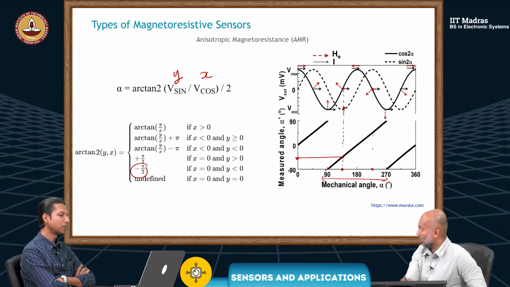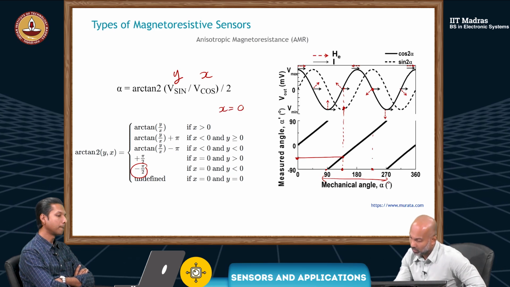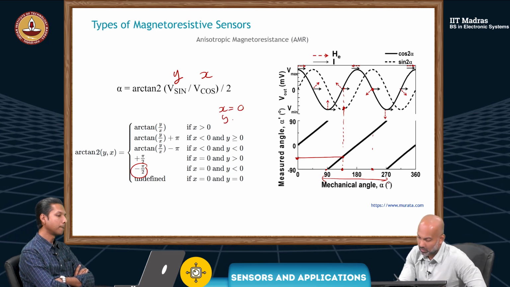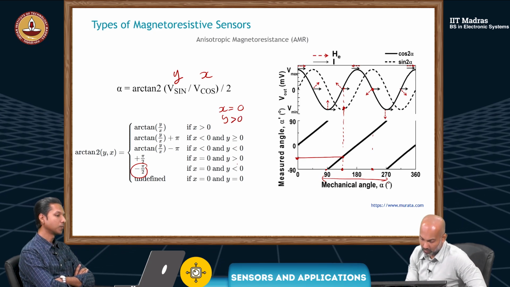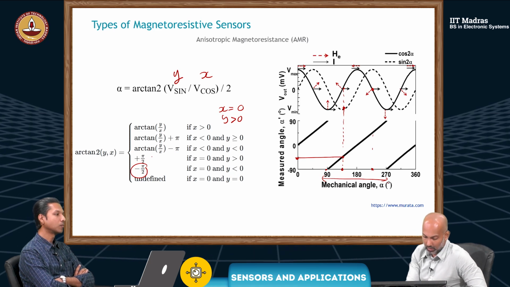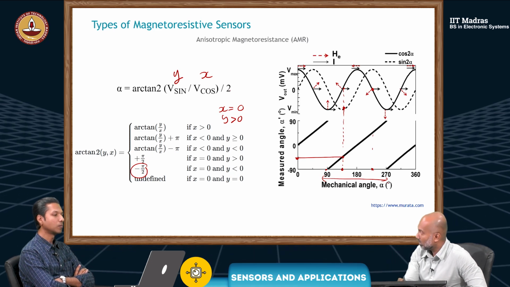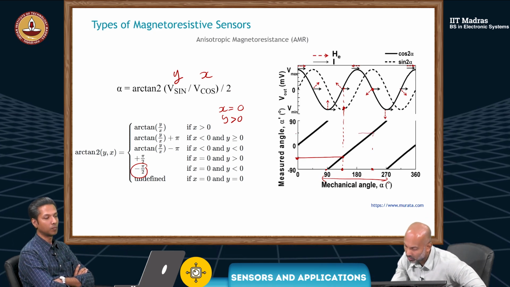So x is 0, and y is more than 0, positively. Then that means it's 90 degrees divided by 2, 45 degrees, which is what you measure here.